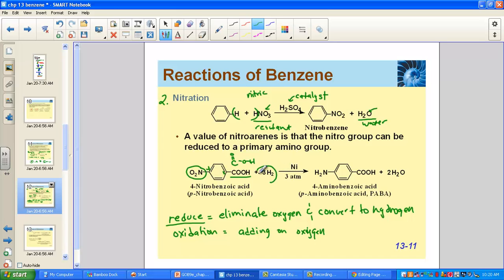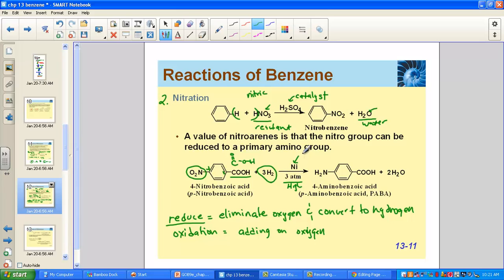To reduce means to add hydrogen in the presence of a catalyst. This time we're using nickel as a surface catalyst. And 3 atmospheres of pressure is extremely high pressure, 3 times the value of normal atmospheric pressure, which is usually about 1 atm.